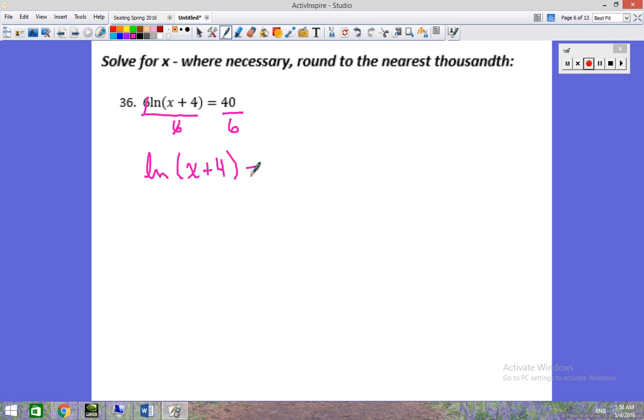Now, we're going to let the calculator do the work, so some people may not reduce that fraction, but I can't resist. These are both even numbers. Half of 40 is 20, and half of 6 is 3. Now, also remember that ln stands for natural log, but students can think of this as log base e.